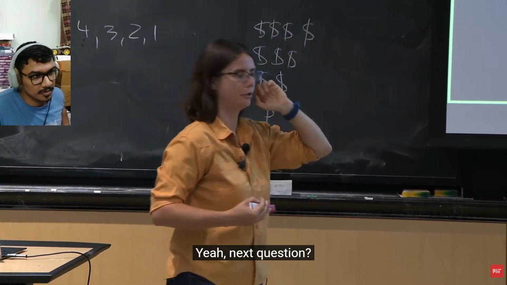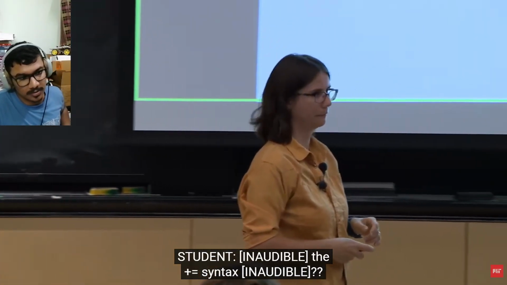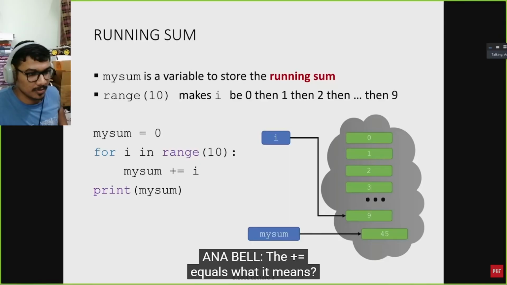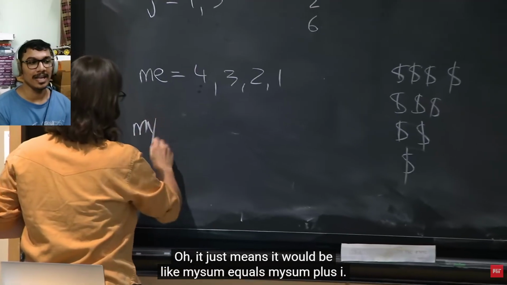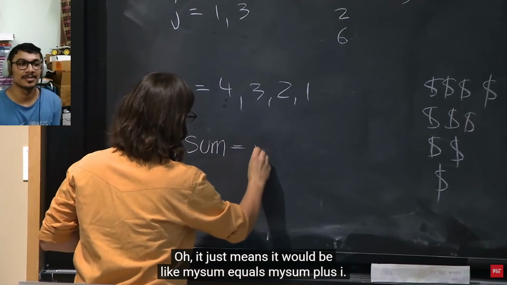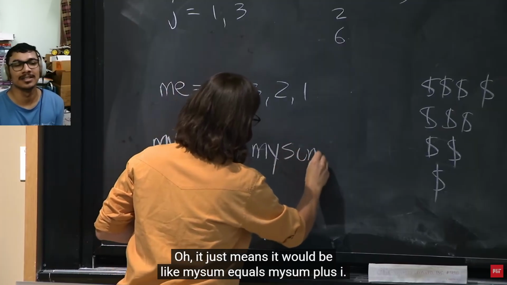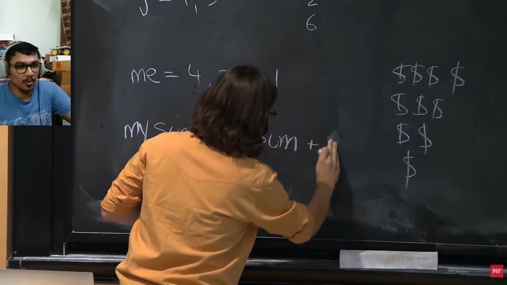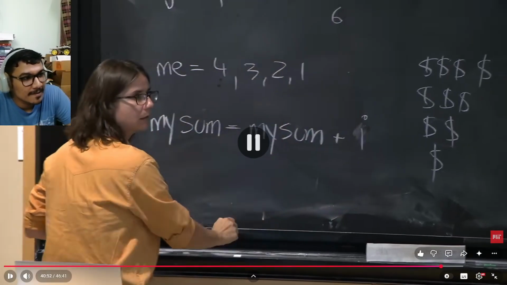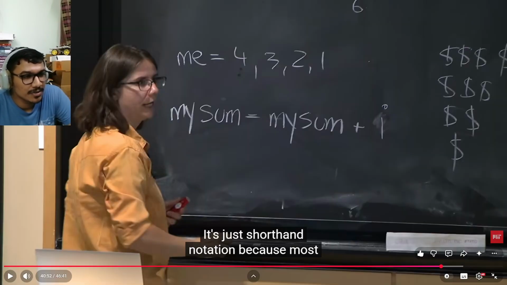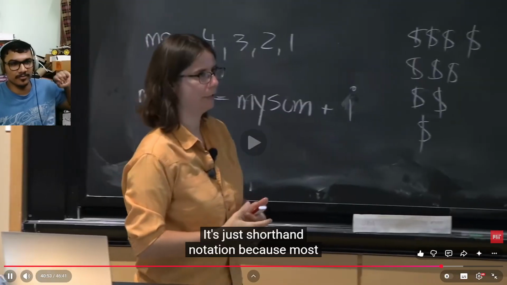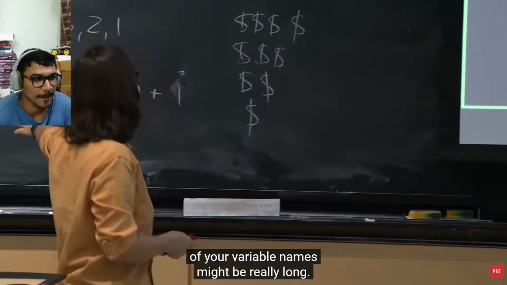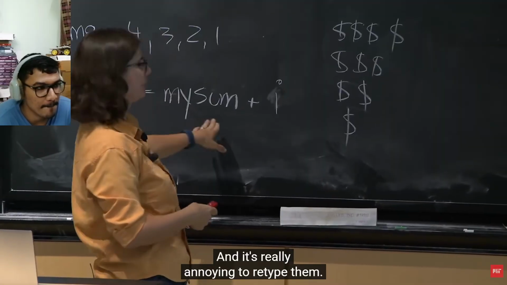Yeah. Next question. Could you use the plus equals syntax? You need to explain that one more? The plus equals, what it means? It just means my sum equals my sum plus I. It's just shorthand notation because most of your variable names might be really long, and it's really annoying to retype them.